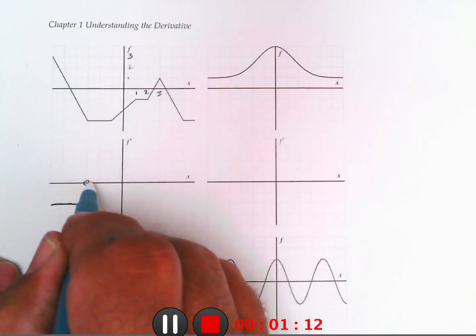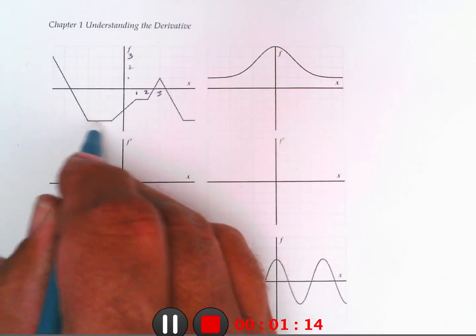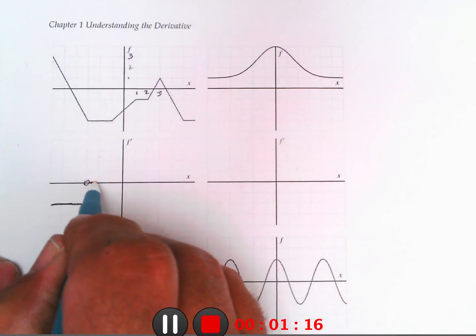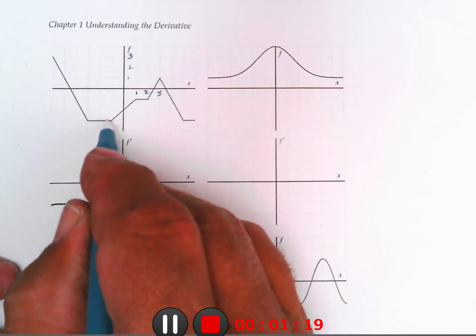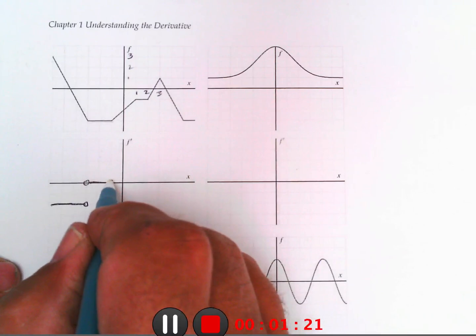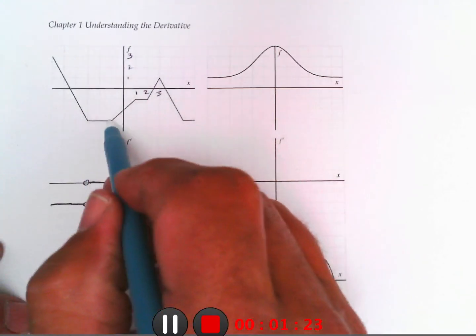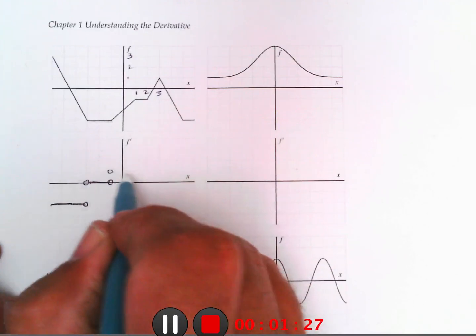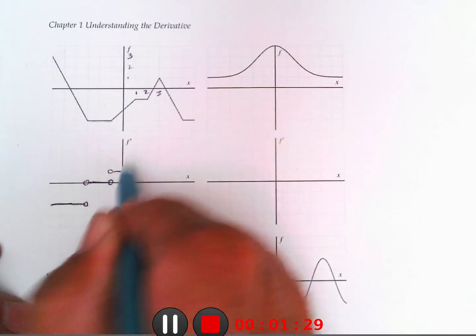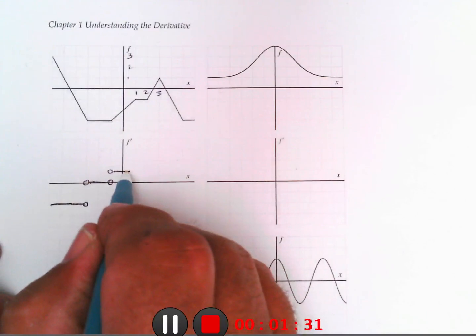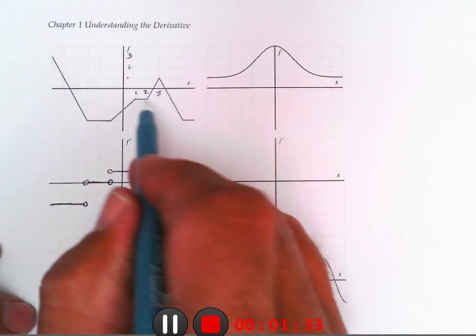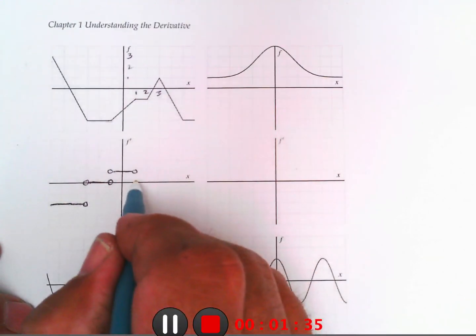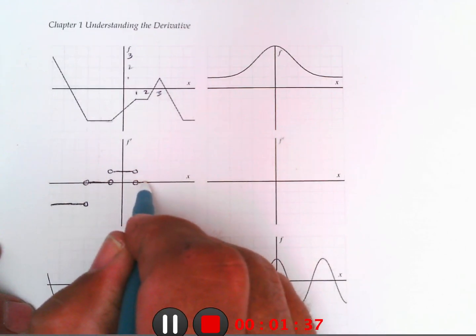And it stays a slope of 0 up until minus 1, where there's a sharp bend, and so the slope quickly changes from 0 to, that looks like a slope of plus 1. And it stays the slope of plus 1 until we get to 1. Sharp bend, and it goes back to 0 for 1 unit.